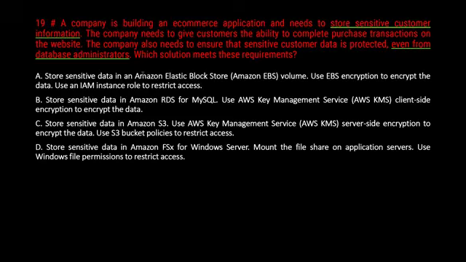So one is using EBS, another is RDS, S3 and FSx. Okay, so let's go for this one first. Store sensitive data in EBS volume. Use EBS encryption to encrypt the data, and use an IAM instance role to restrict access. Okay, so the trickiness here comes from this one, even from database administrators. So if you look at it, none of these are databases other than option B.